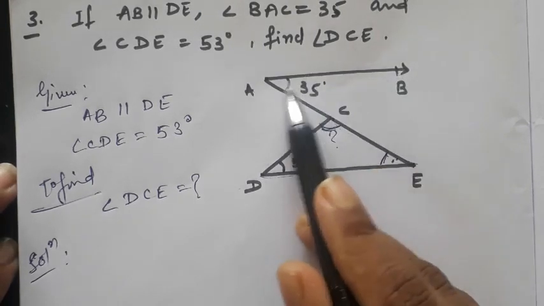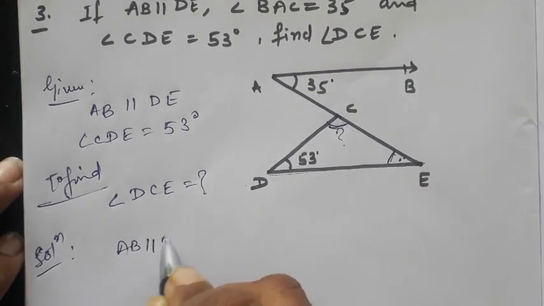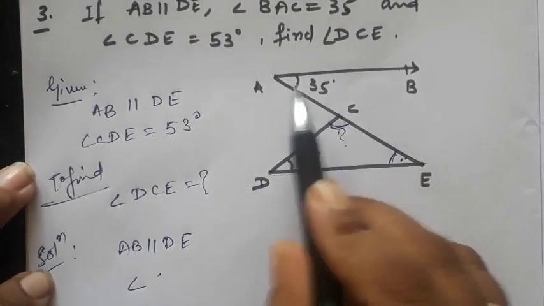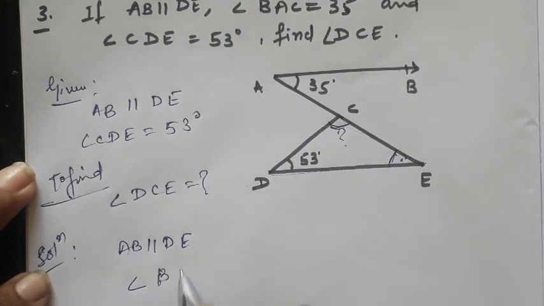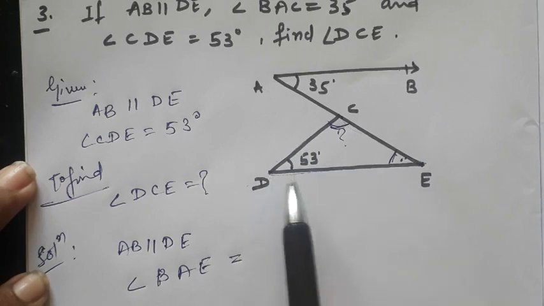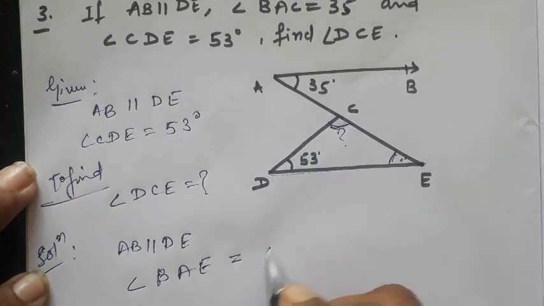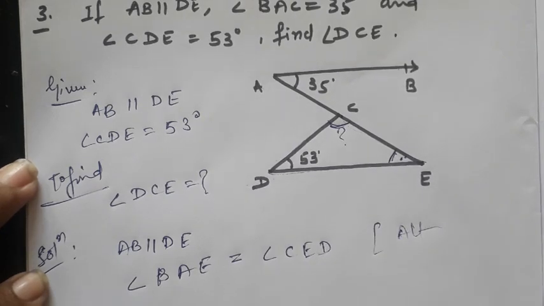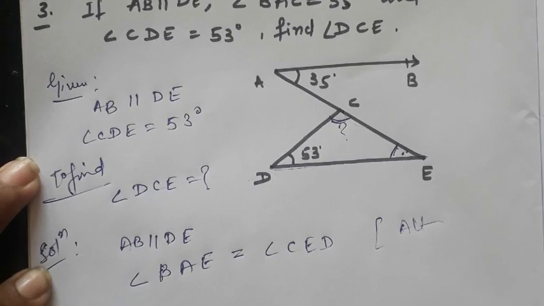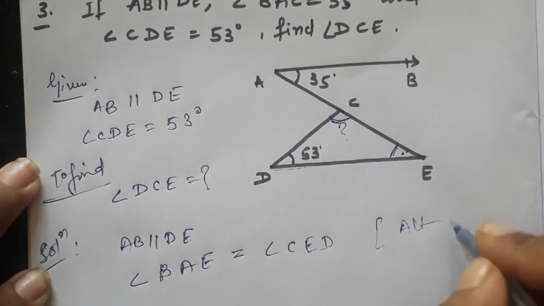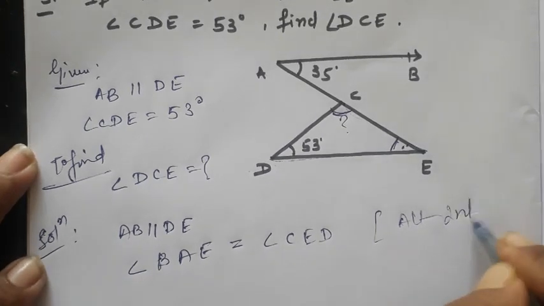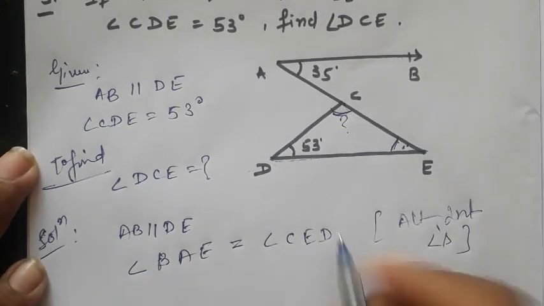As you can see, AB is parallel to DE, so angle BAE is equal to angle CED, because alternate interior angles are equal.